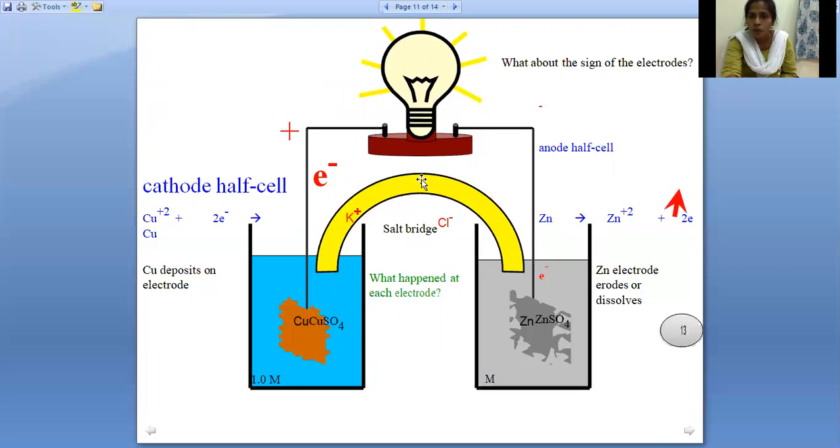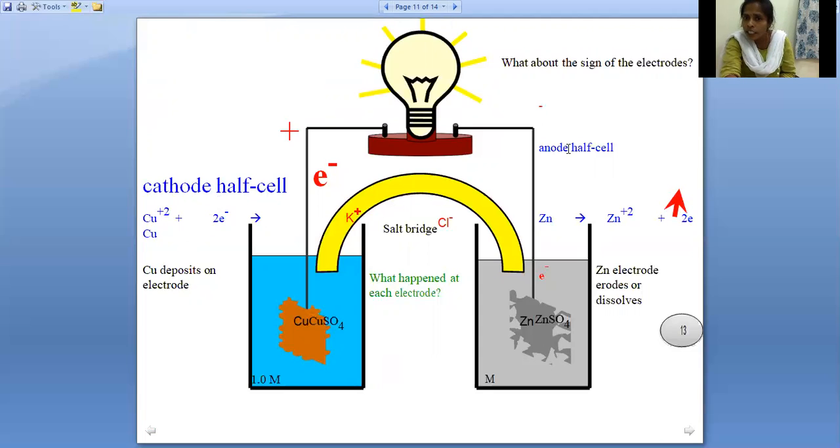So how can we say that zinc is anode and copper is cathode? On the basis of the electrochemical series. I said earlier that in the electrochemical series, the top metals are always anode and the bottom metals are always cathode. Here zinc is in the top position, so zinc acts as an anode, and copper is at the bottom position, so copper acts as a cathode.